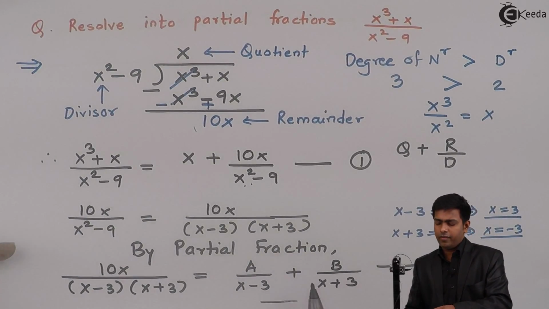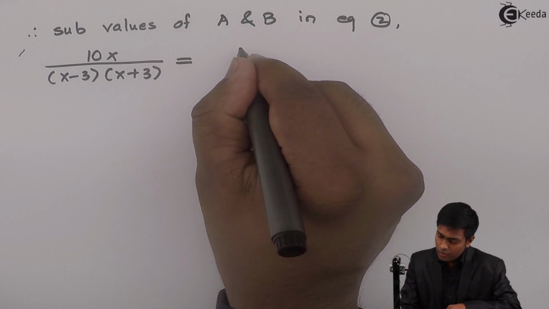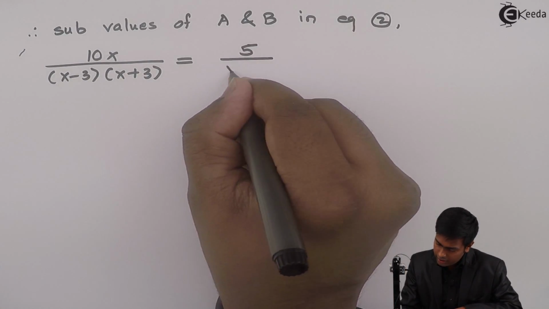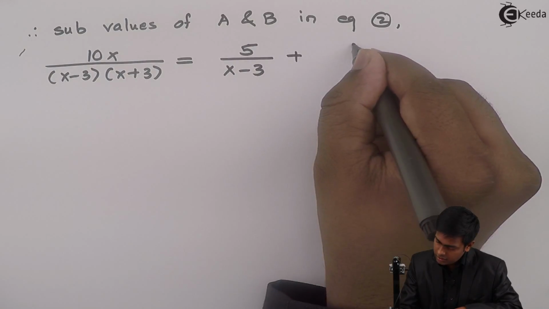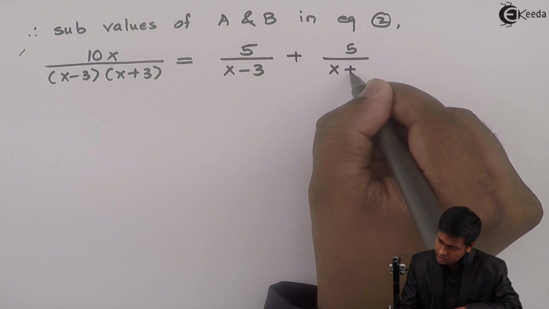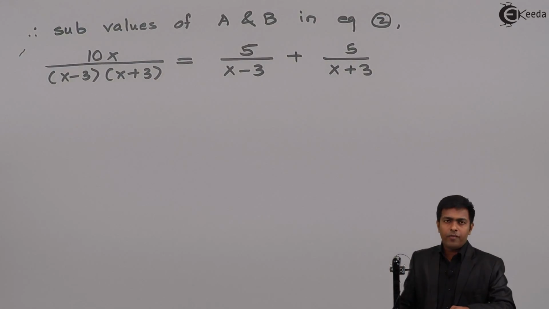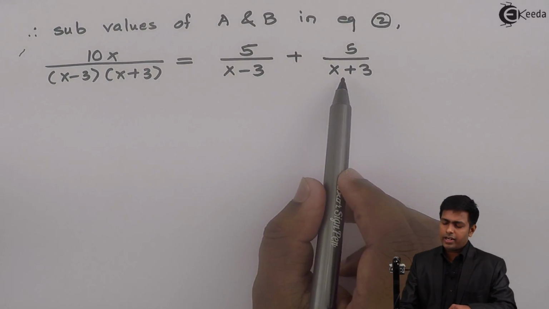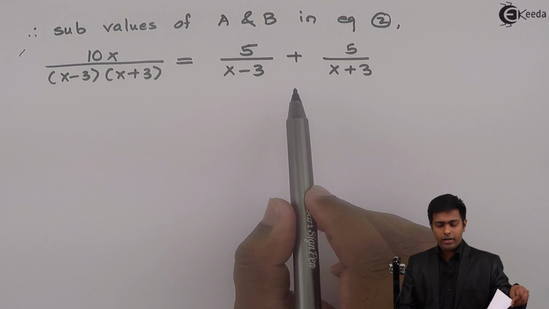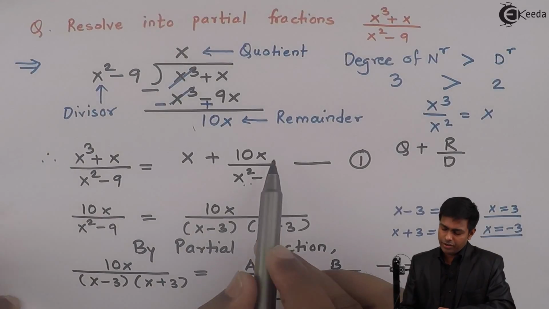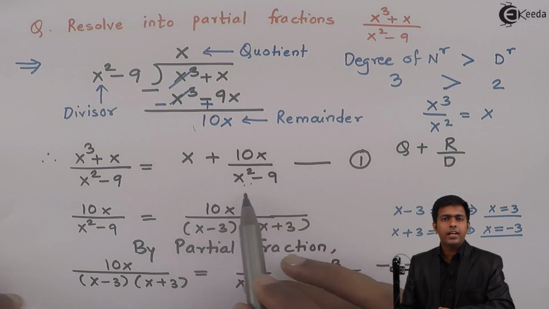So a and b is 5, so it will become 5 upon x minus 3 plus 5 upon x plus 3. So now we will substitute this value in equation number 1 to get the final answer.